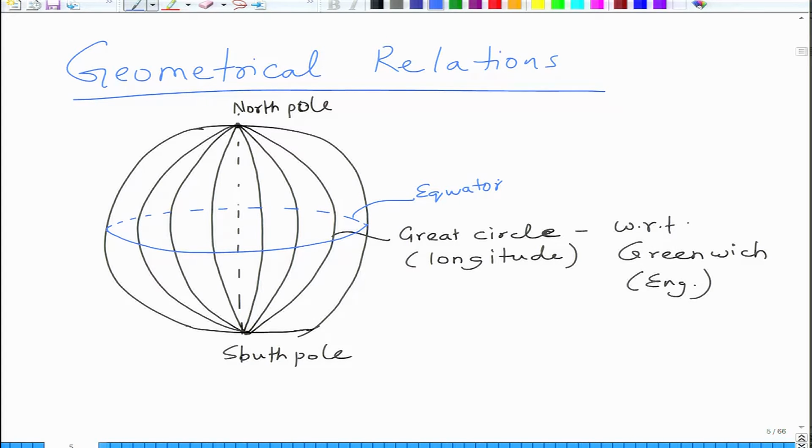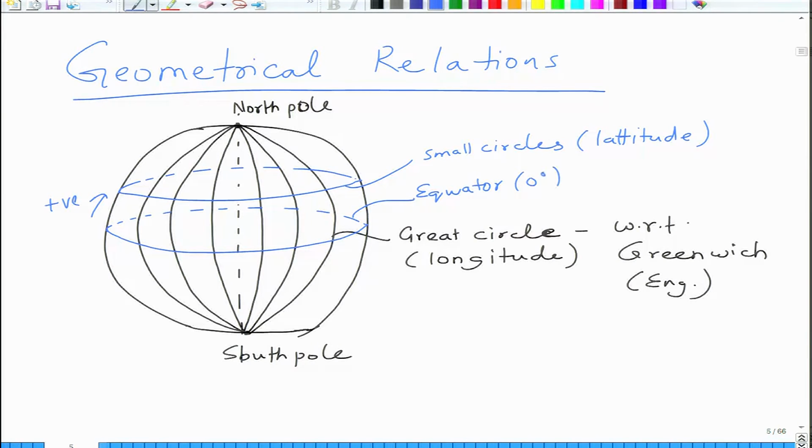this would be the equator, right, and the ones which are running parallel, these are called small circles, okay, and these are called latitude circles, okay. So going this way it will be positive, and this would be 0 degree latitude.